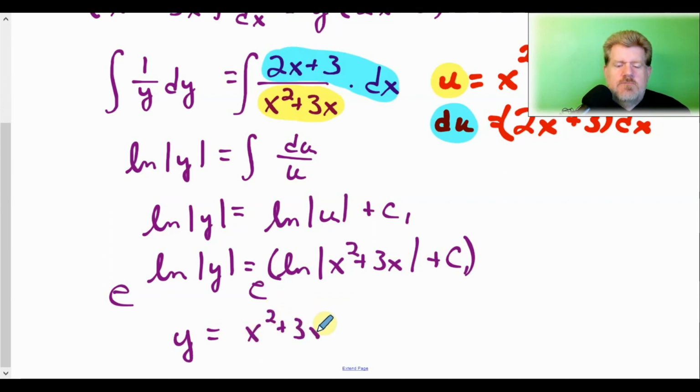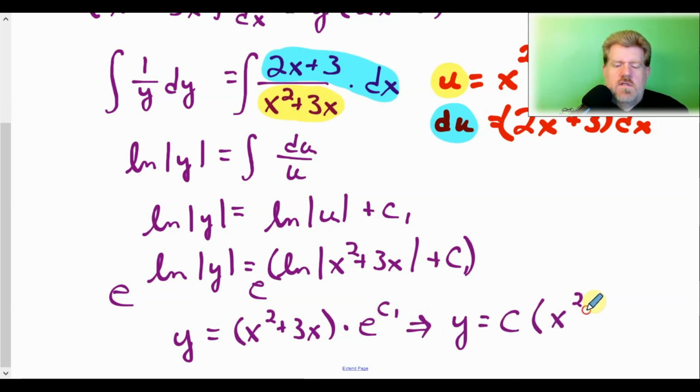And we're adding, so when we add exponents, it means we're multiplying. So when we write it in its final form, we're going to write this as a capital C times x squared plus 3x. That's the solution.